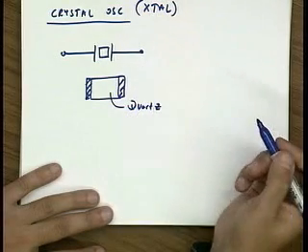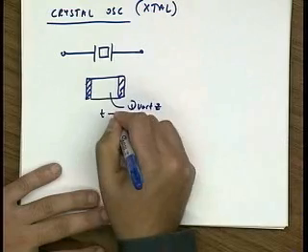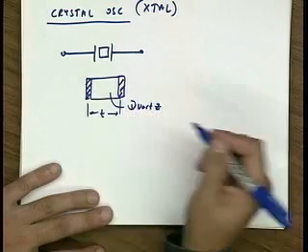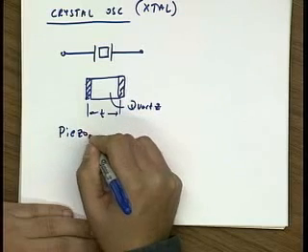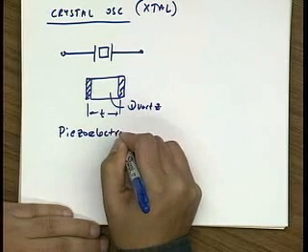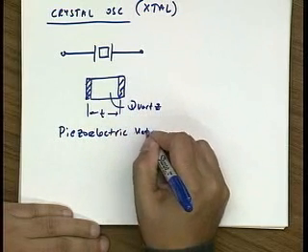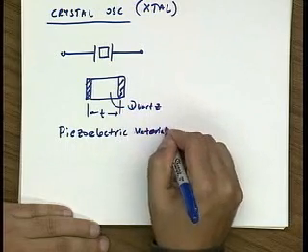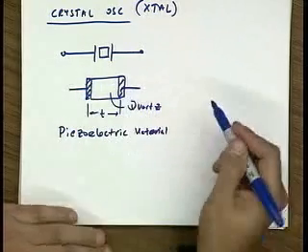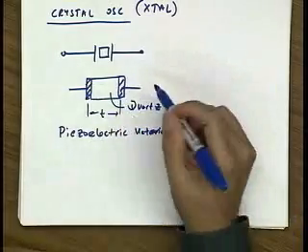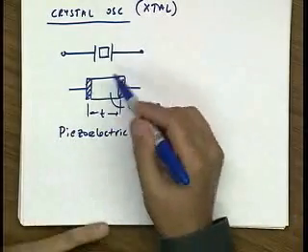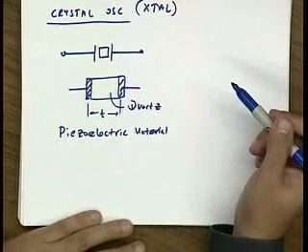In fact, quartz is the material of choice for building crystal resonators. Quartz is a piezoelectric material, which means that if you apply a voltage between these two terminals, you get a mechanical displacement. So you can induce a mechanical oscillation to occur inside of this material.